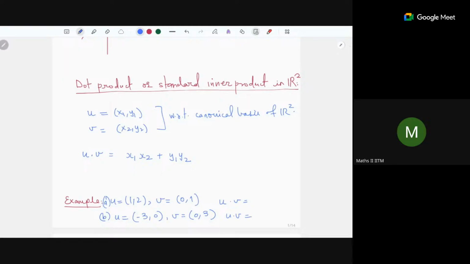Let's take an example. You have these two vectors, 1 2 and 0 1. What would be their dot product? In both of the cases you can answer.